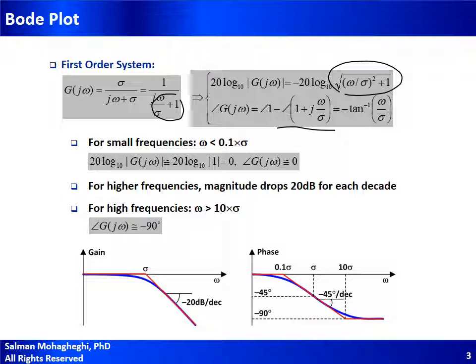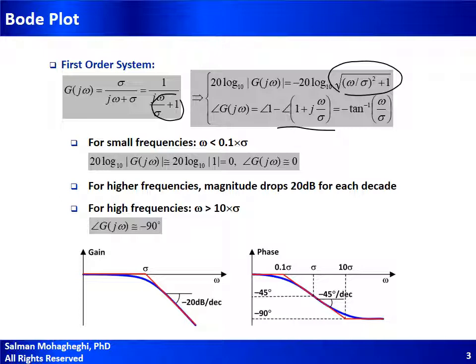When we wanted to talk about this magnitude and phase angle, we saw that it typically changes based on the frequency omega in a nonlinear fashion. However, we make approximations in order to be able to draw this by hand.